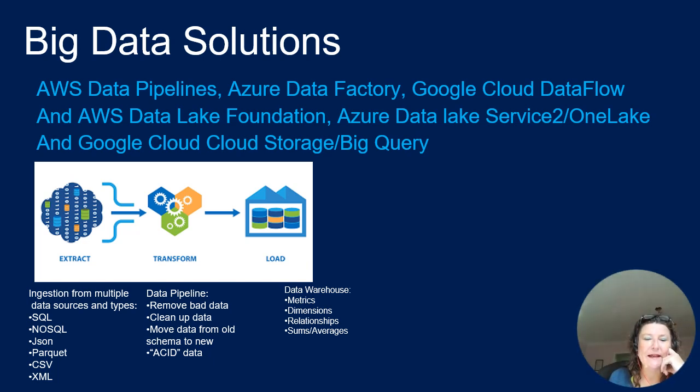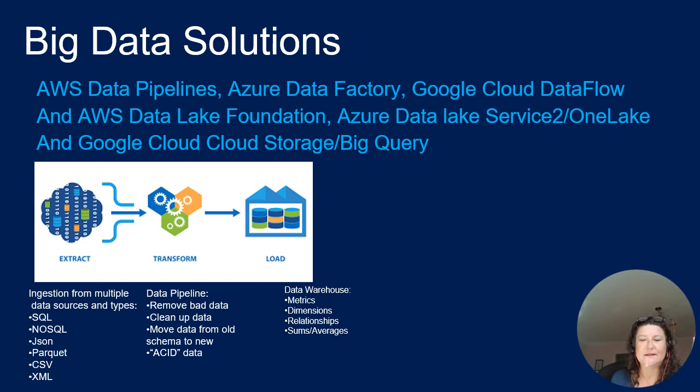Extract is on the left there, the data that you're getting in when you're doing an extraction or data streaming in. Typically it is going to be SQL data, NoSQL data, JSON, Parquet, CSV or XML. Unstructured data typically would be something like JSON or Parquet. Semi-structured data would be more like NoSQL data. And then relational data would be SQL data.